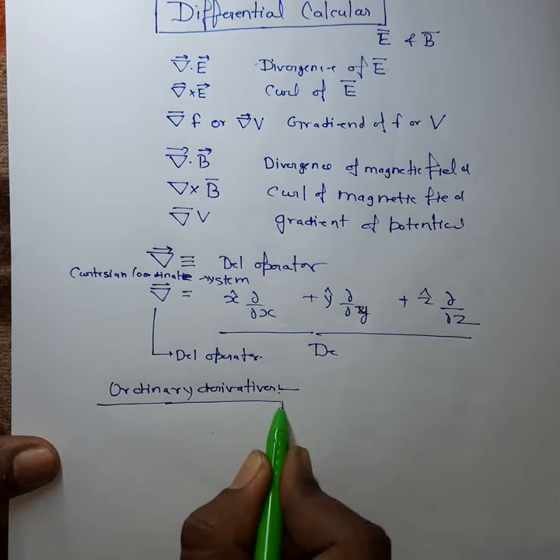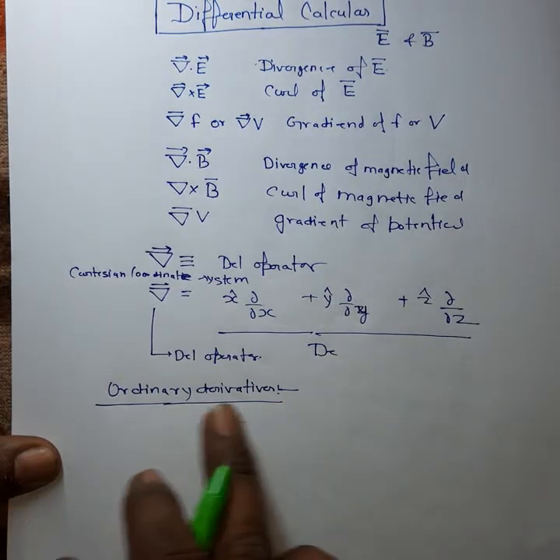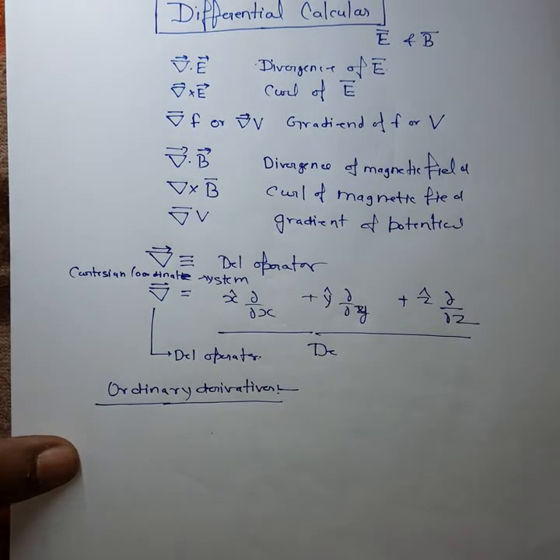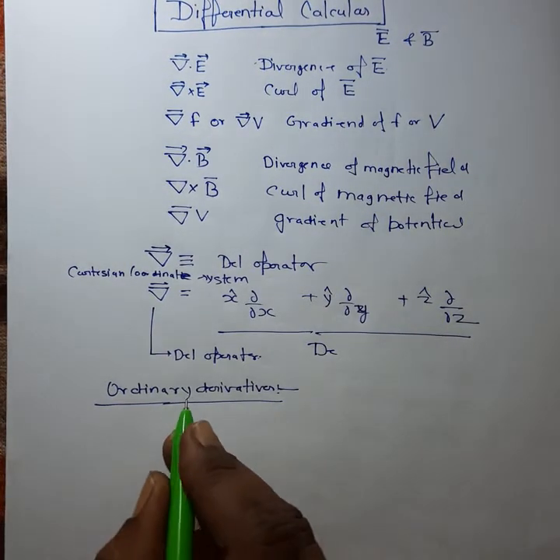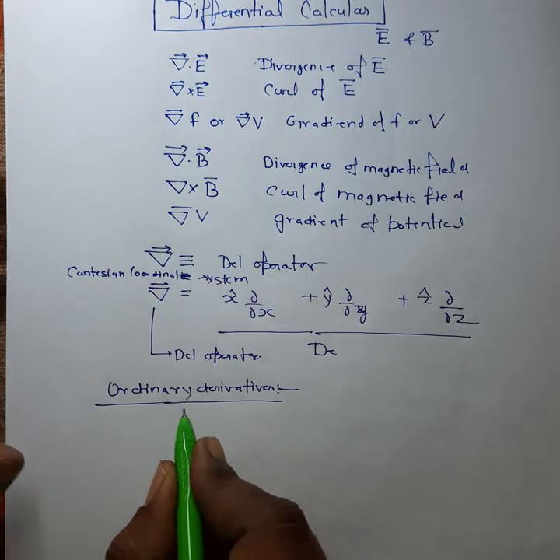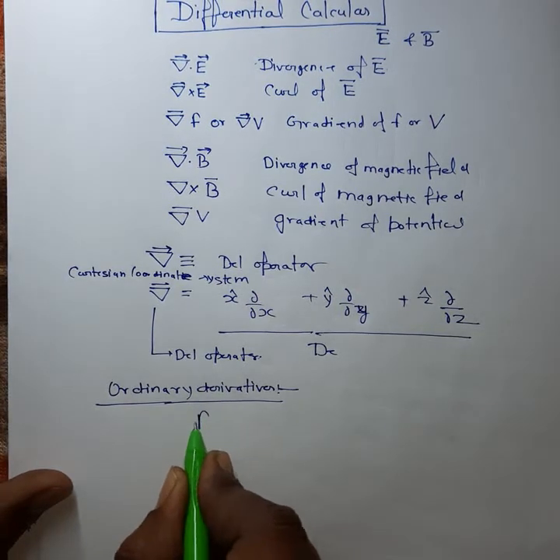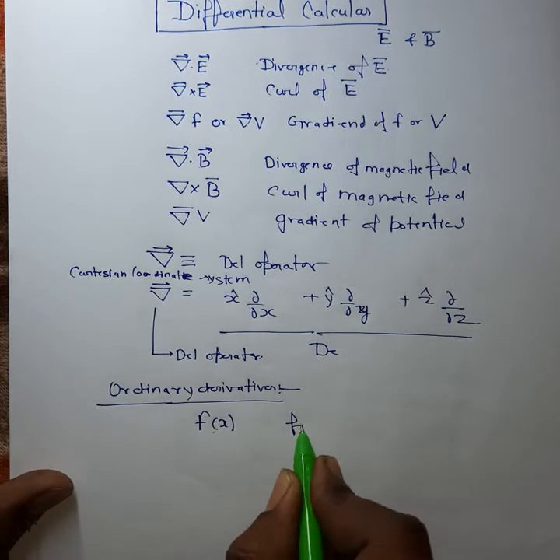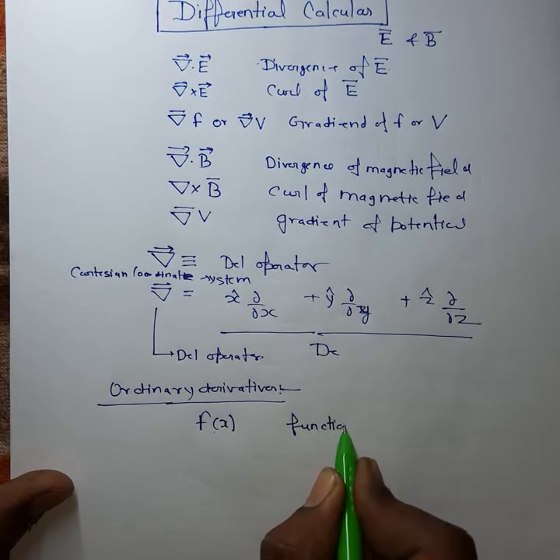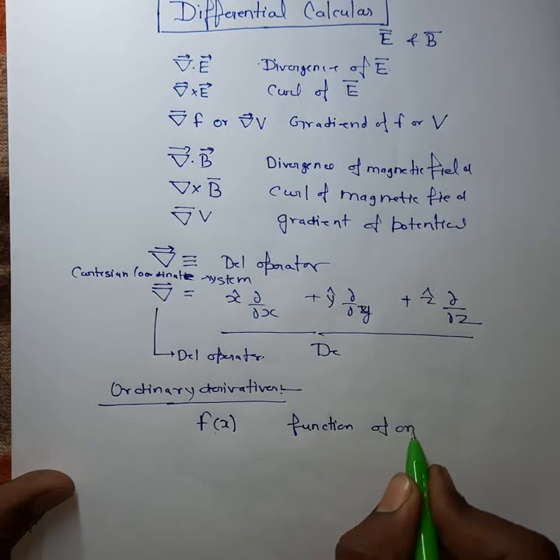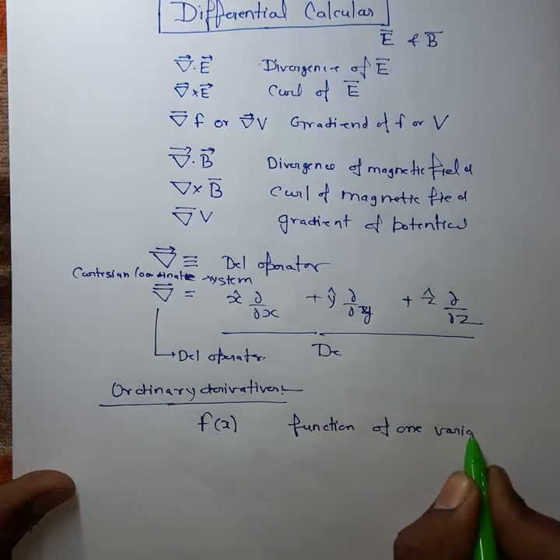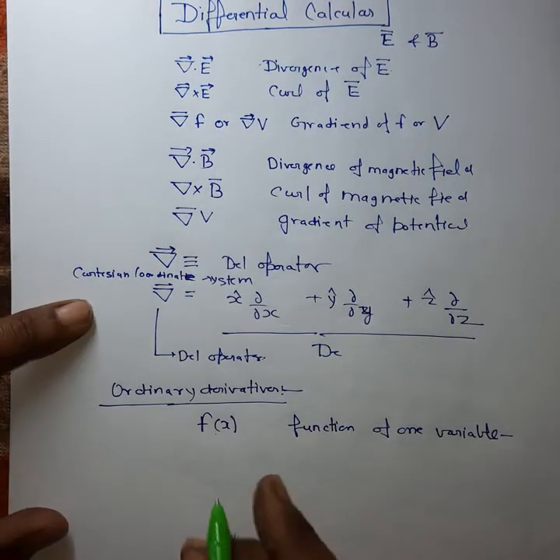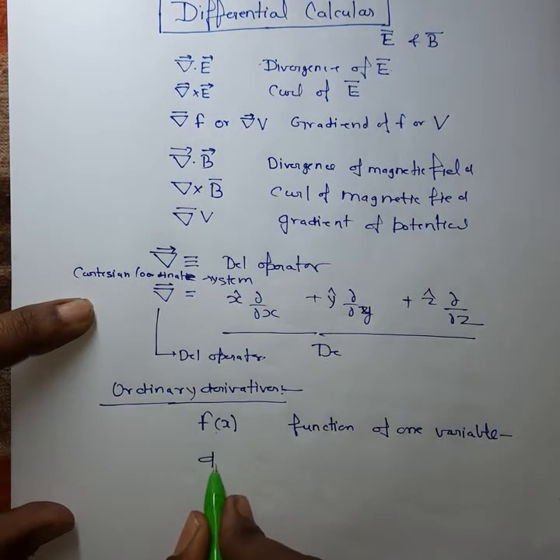You have already read about ordinary derivatives in intermediate, so I am repeating it again. Suppose we have some function of one variable, f(x). Now the question is, what is df by dx?